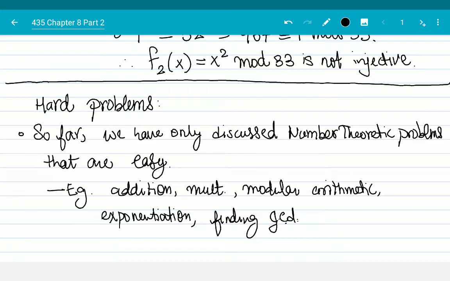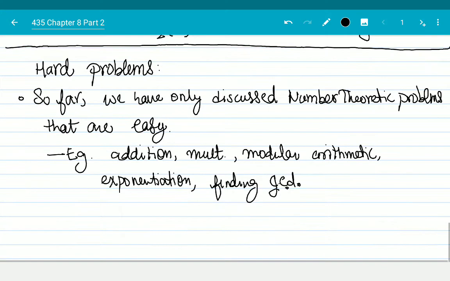Offhand it looks like finding GCD should be a hard problem, but Euclid's algorithm makes it an easy problem. It's just repeated subtractions, so it's not that hard.